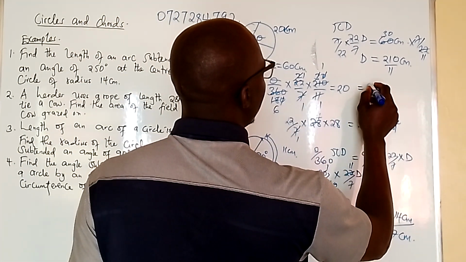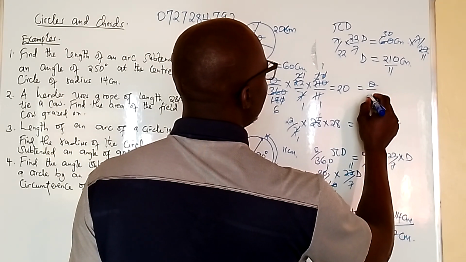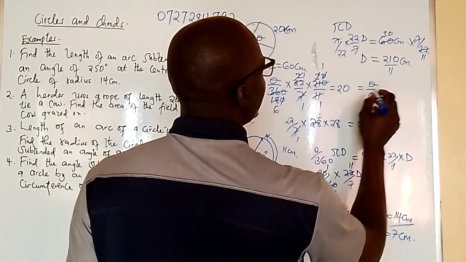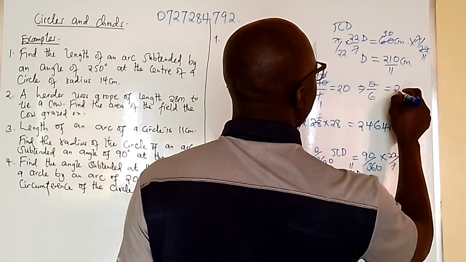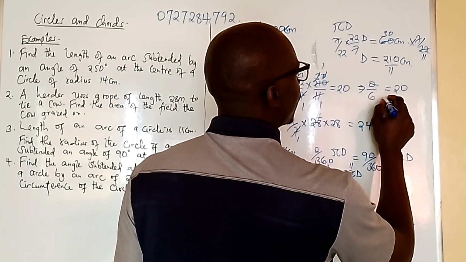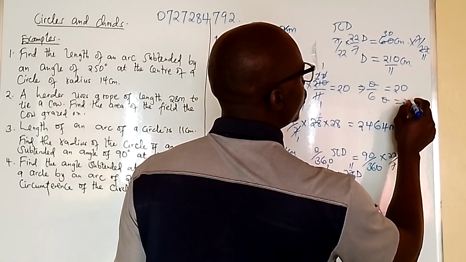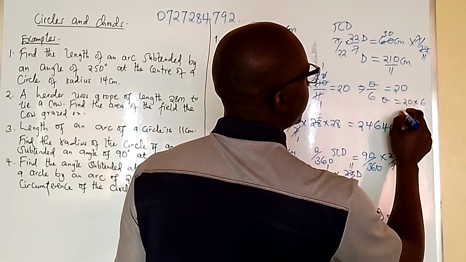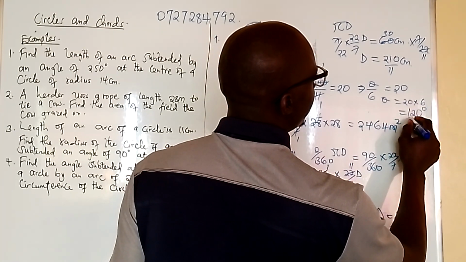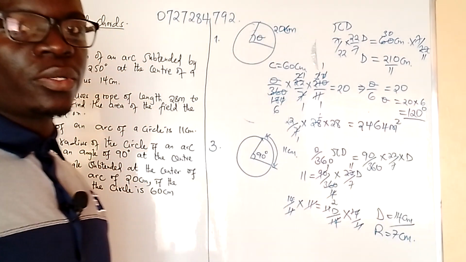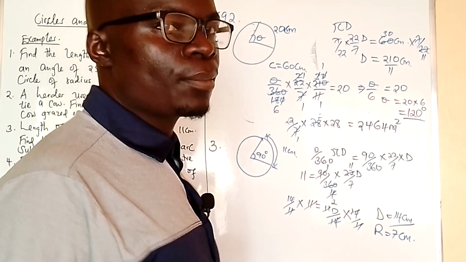So therefore we have theta over 6 is equal to 20. Is that clear? So theta is equal to 20 times 6, which is equal to 120 degrees. That is the solution for that problem.